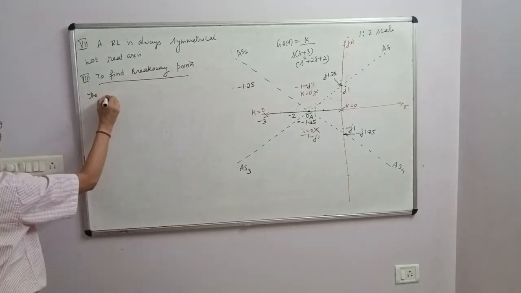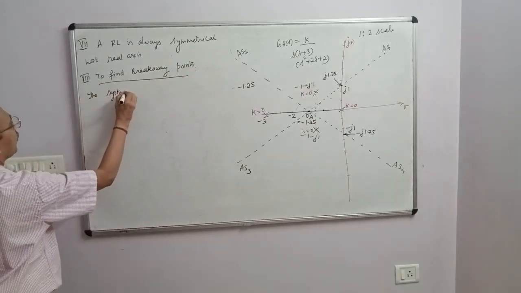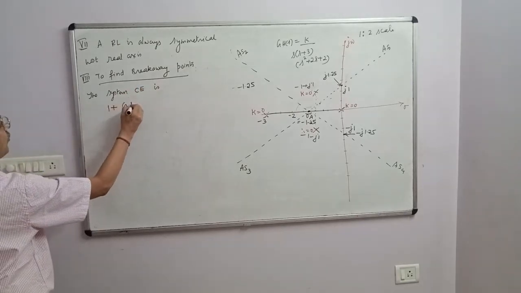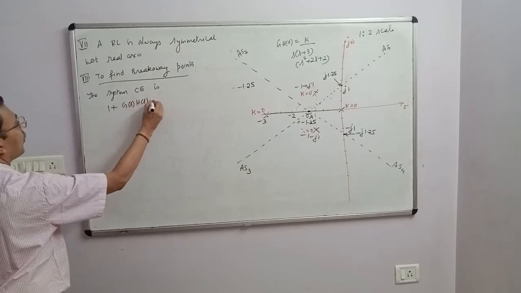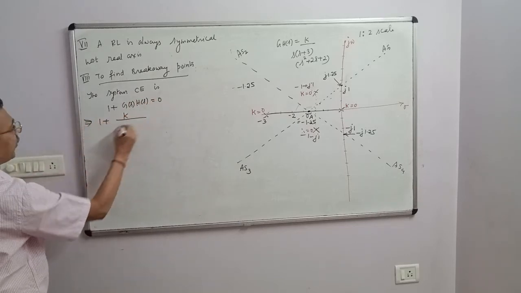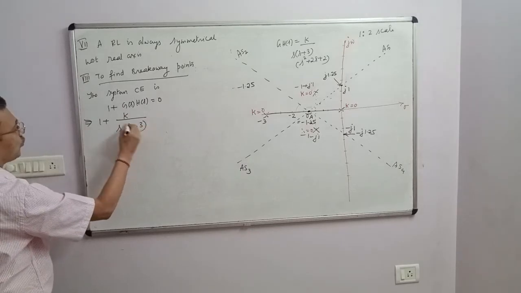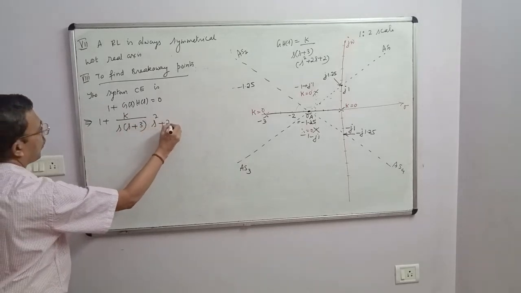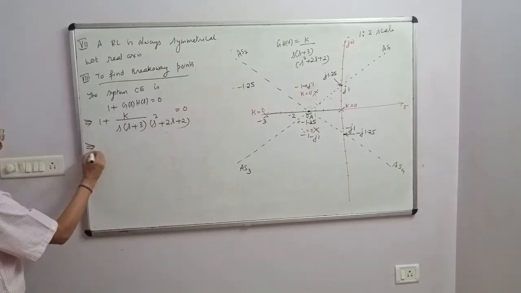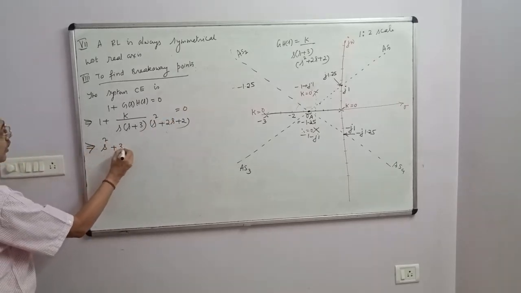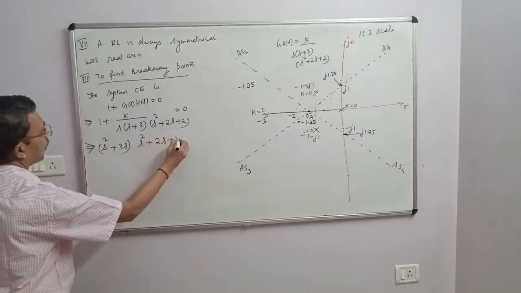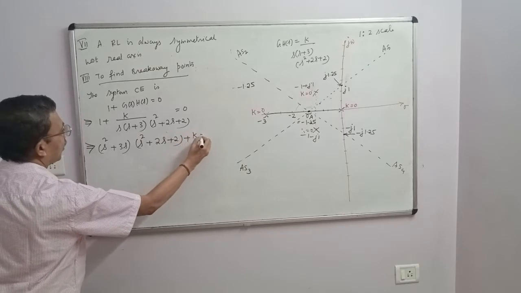The system characteristic equation is 1 plus G(s)H(s) equal to 0. This implies 1 plus k divided by s into s plus 3 into s square plus 2s plus 2 equal to 0. This implies s square plus 3s into s square plus 2s plus 2 plus k equal to 0.